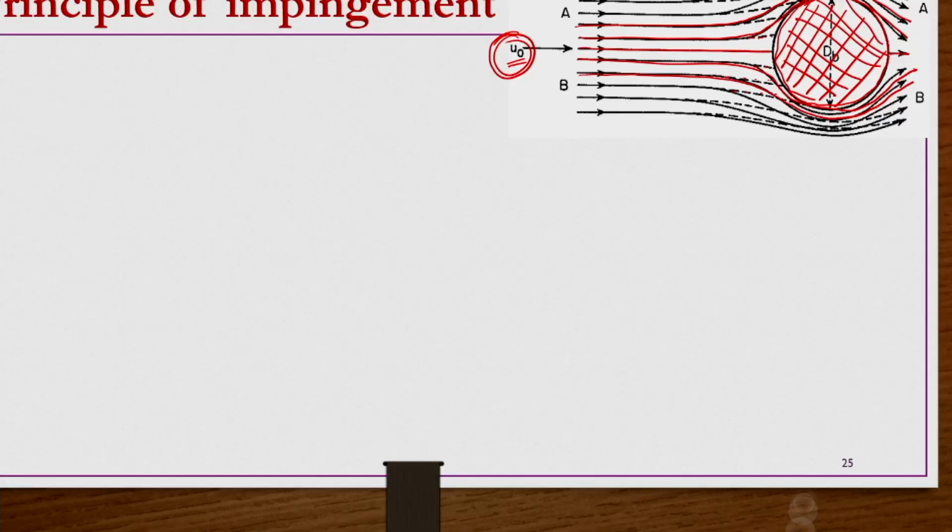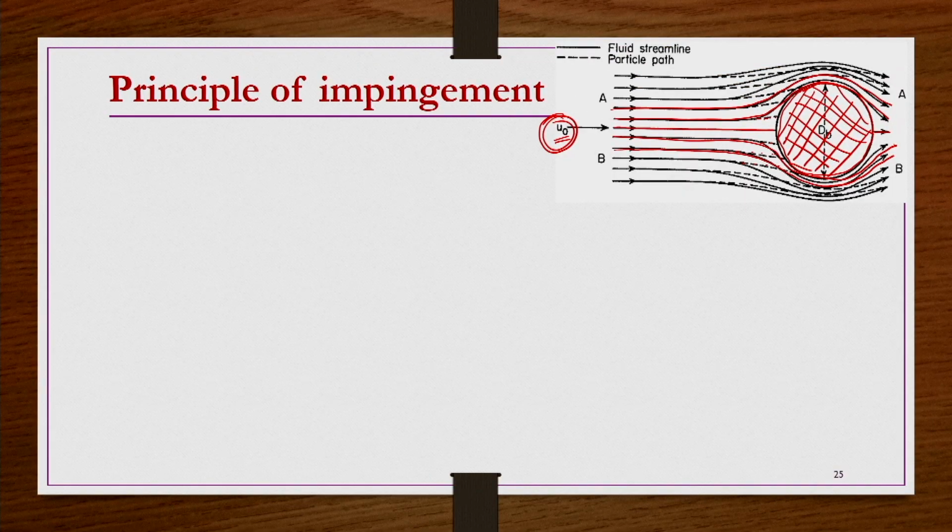Because of their higher inertia, these particles strike onto the surface of this filter medium and are separated. Initially, the particles between this AB line will strike onto the surface and be separated, and they do not need to be re-entrained.